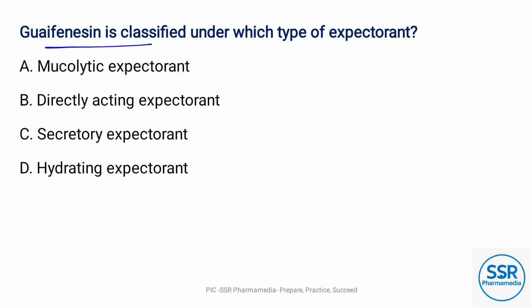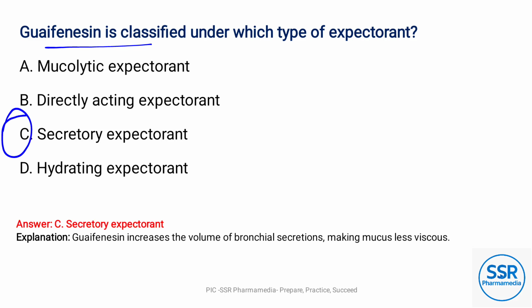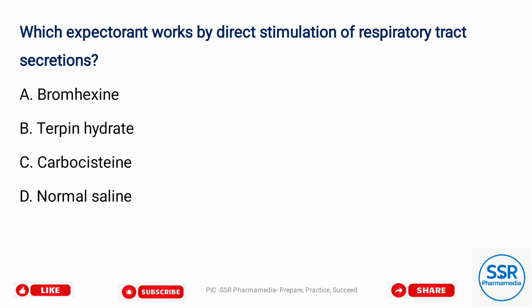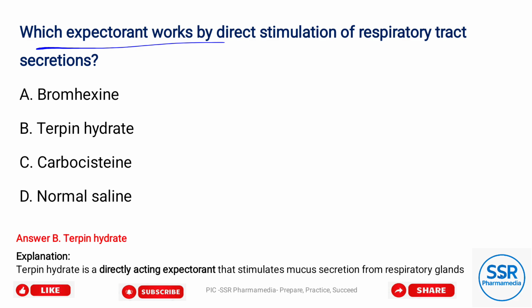Guaifenesin is classified under which type of expectorant? Option C, secretory expectorant. Guaifenesin increases the volume of bronchial secretions, making mucus less viscous. Which expectorant works by direct stimulation of respiratory tract secretions? Option B, terpene hydrate.